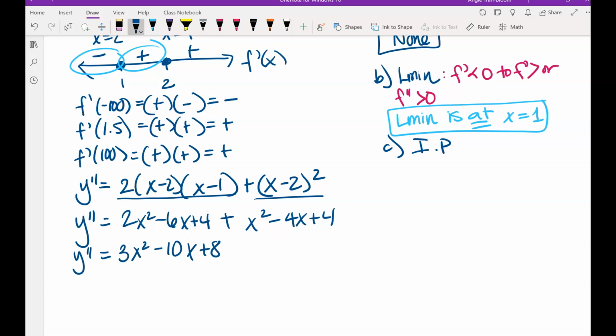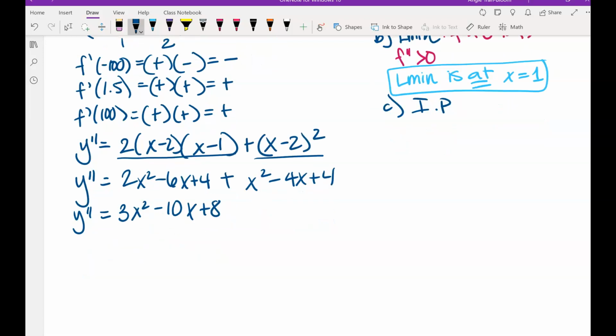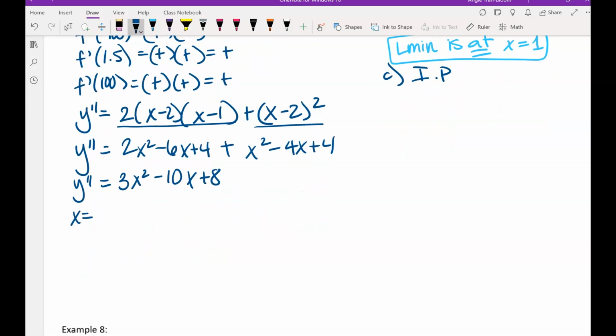Okay, now if this is factorable, you factor it out, but if it's not, yes, I do expect you to work this out without a calculator. You can use your calculator for basic math, but in regards to the rest, do it without one. So the quadratic formula says negative b, so it's going to be 10 plus or minus the square root of b squared, so that's negative 10 squared, it's 100, minus 4 times a times c, all over 2 times a.